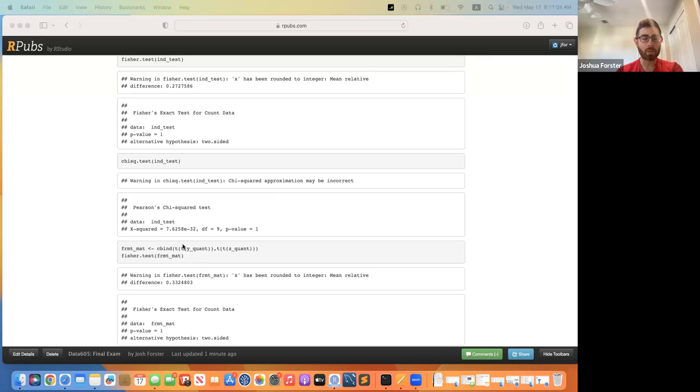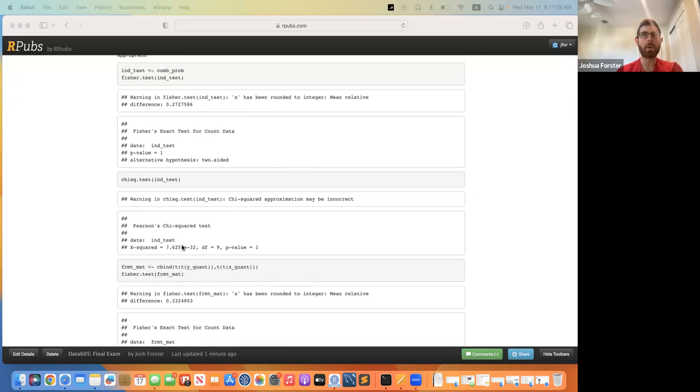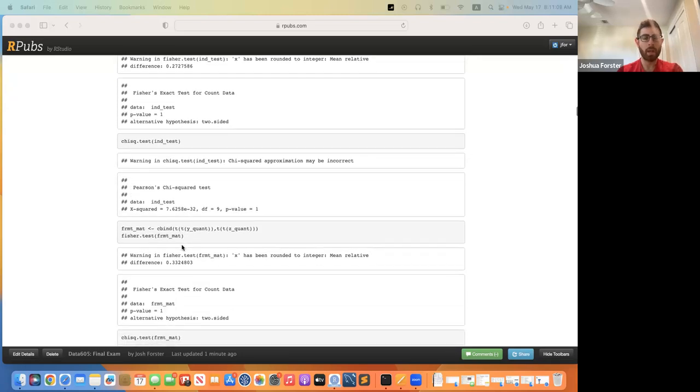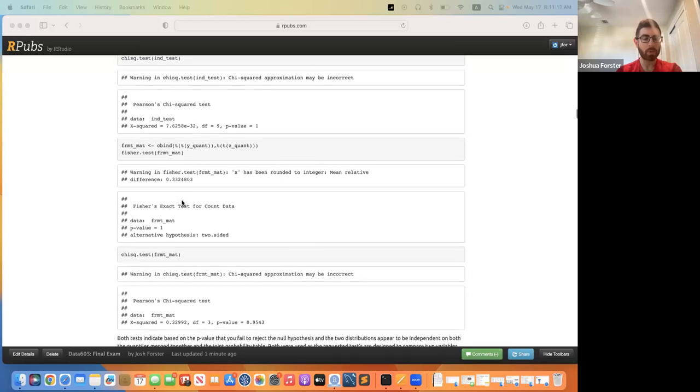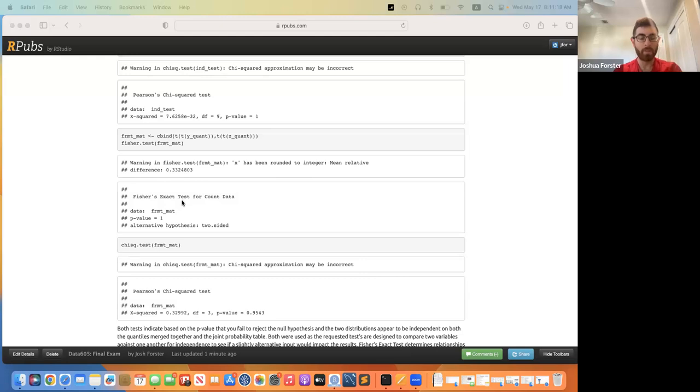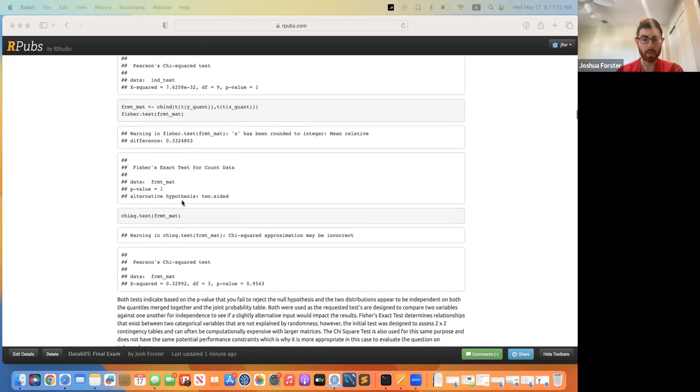I transformed it a little bit. Because it was talking about 2 columns, I transformed the initial quantiles into 2 columns as well to see if that changed the test. But ultimately I was still getting very high p-values using Fisher's test and the chi-square test.